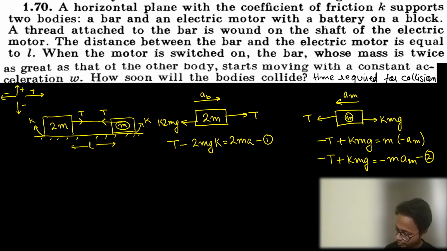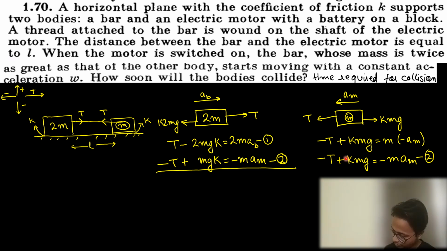Now when you solve equations 1 and 2, what do you get? See, if I write my equations out here, 1 and 2, so minus T plus kmg, or mgk, both will have the same significance, plus mgk is equal to minus m into acceleration of motor, whereas this was the acceleration of block. This is equation number 2.